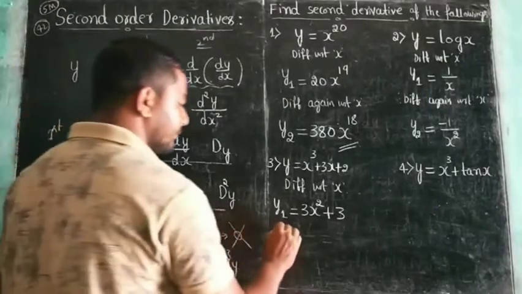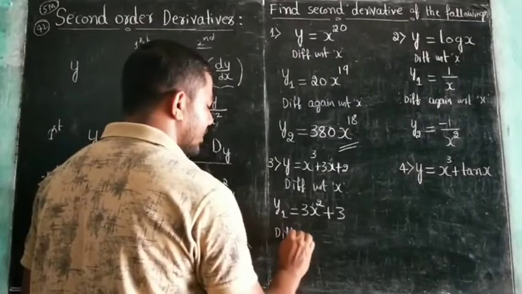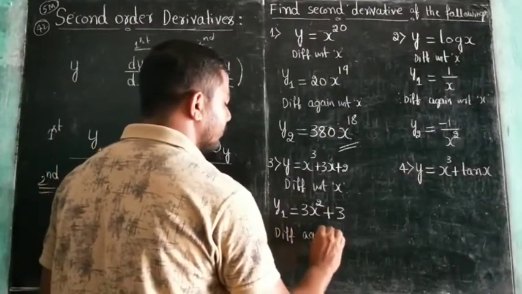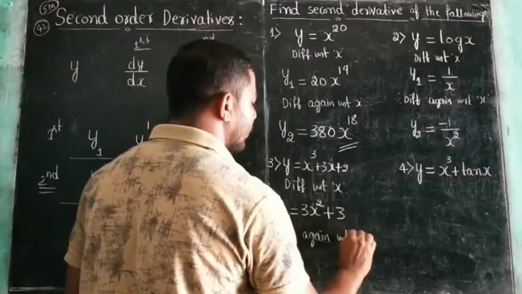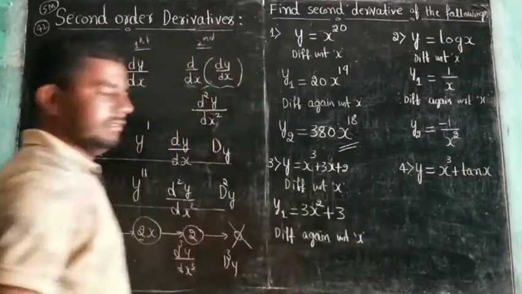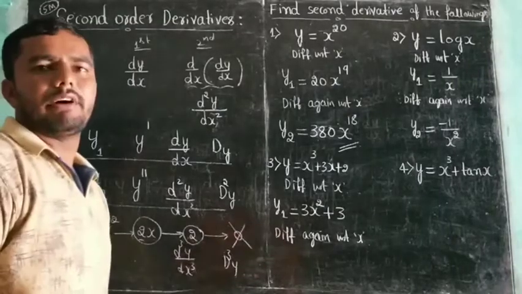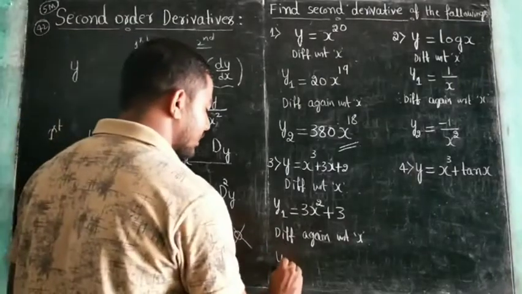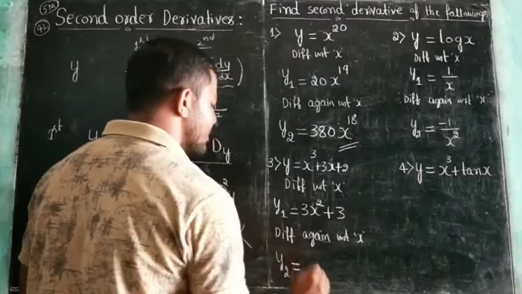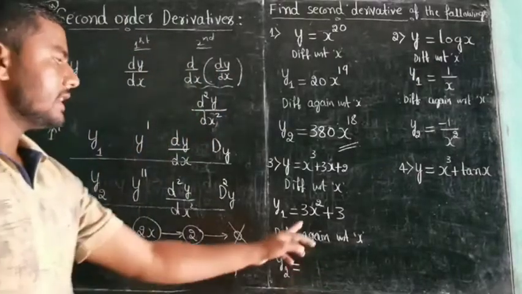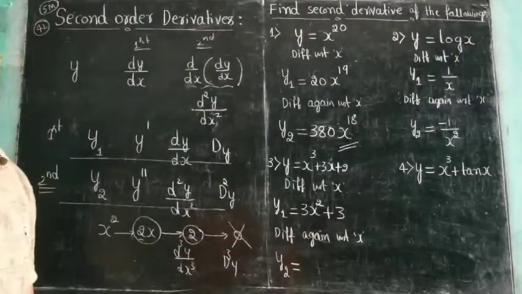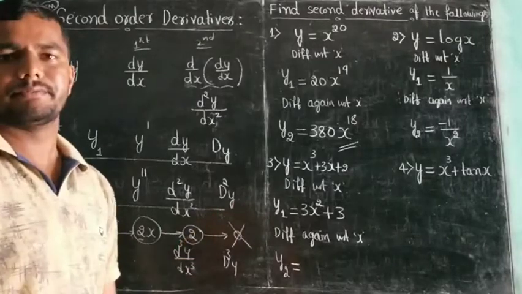Once again, differentiate again with respect to x. What is the derivative of y1 with respect to x? That is y2. y2 is equal to, here 3 is a constant. Take 3 as it is.